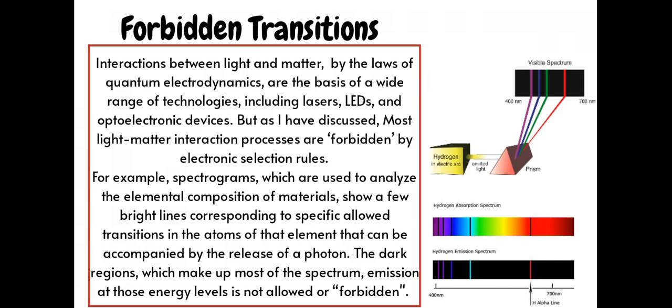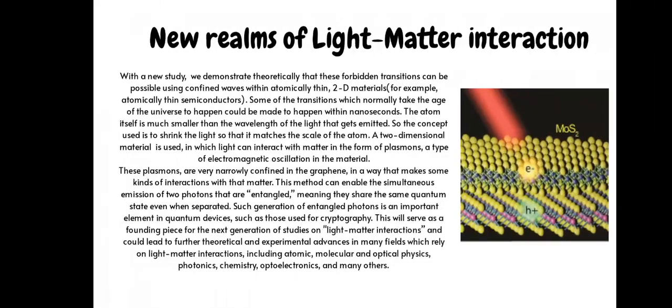For example, spectrograms, which are used to analyze the elemental composition of materials, show a few bright lines corresponding to specific allowed transitions in the atoms of that element that can be accompanied by the release of a photon. The dark regions, which make up most of the spectrum, are where emission at those energy levels is not allowed, or forbidden.